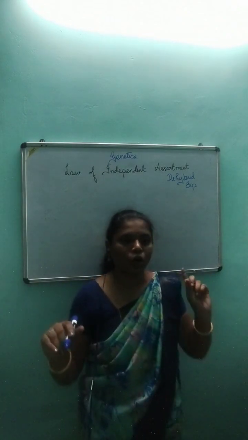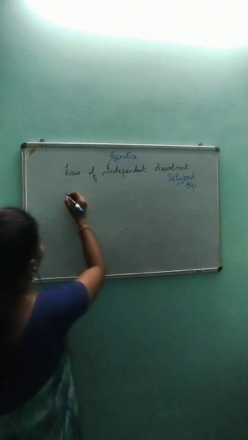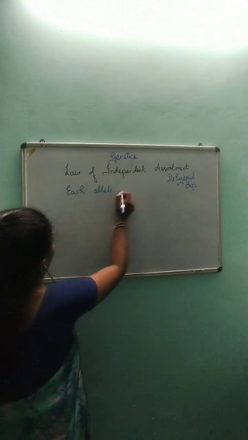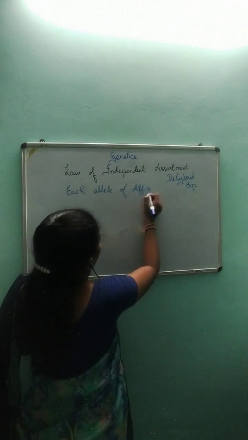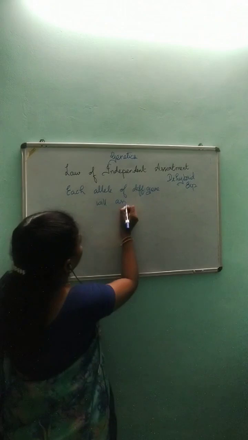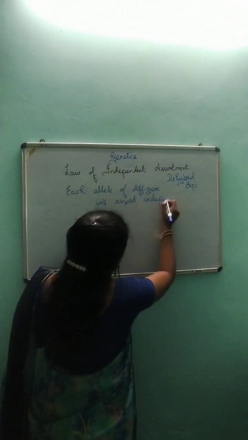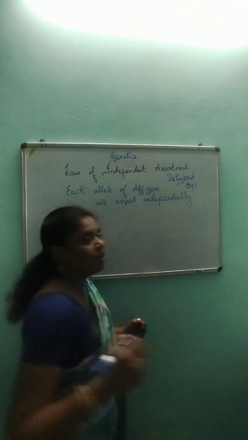This is what the law of independent assortment says: each allele of a different gene will assort independently. This is what this law says.